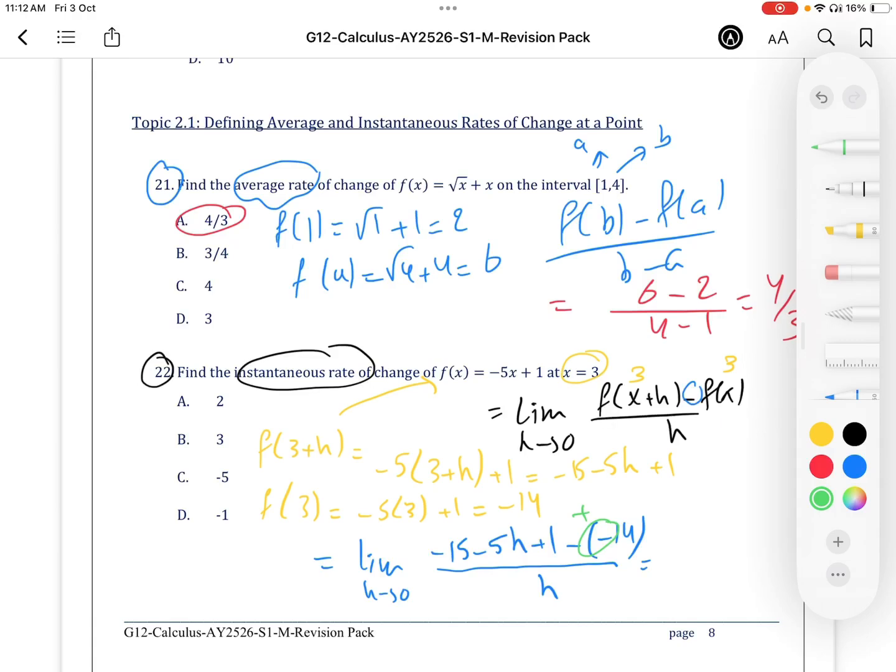We're going to have plus 14 with minus 15, it will be negative 1. With the positive 1, it will go minus 5h over h. H with h cancelled, so the answer is negative 5.